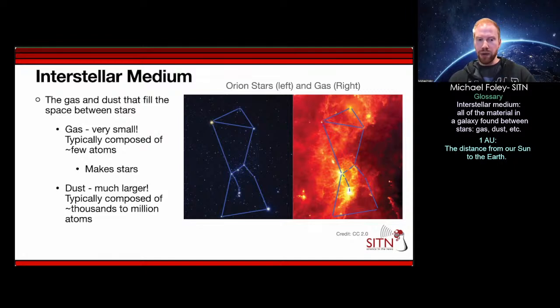It's typically composed of thousands to millions of atoms, but it obscures light from the stars. So our two components of the interstellar medium, gas and dust, serve two different roles. Gas primarily makes the stars, and dust primarily obscures light. We can use the fact that dust obscures light in our 3D dust mapping technique, and I'll get to that in section 2.